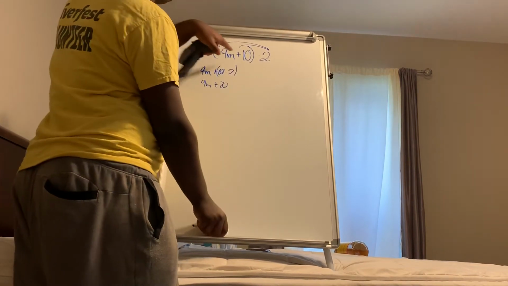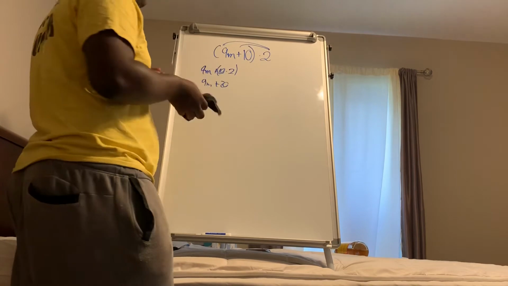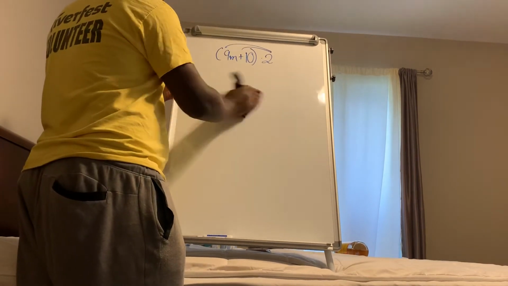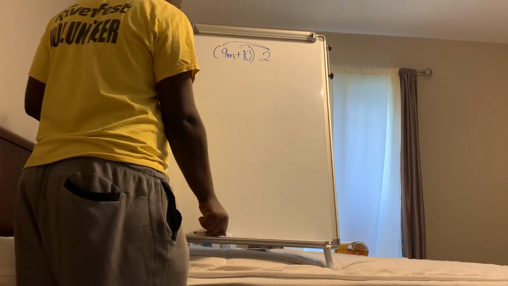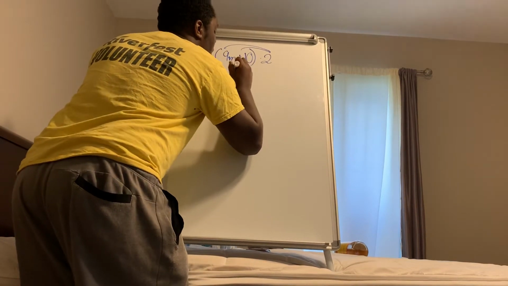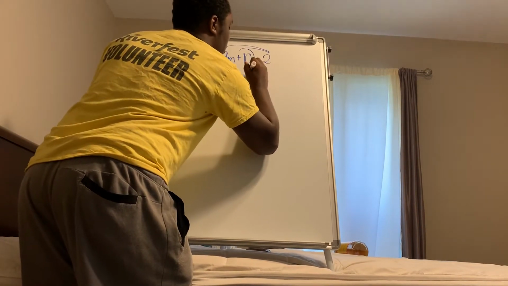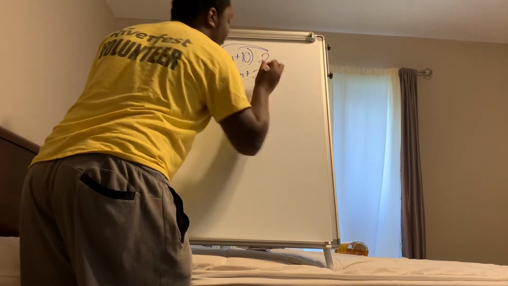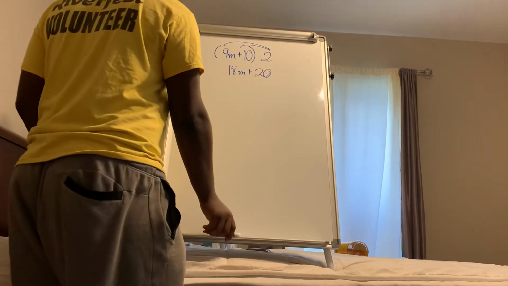But because it's in parentheses, we're going to multiply everything that's in the parentheses. So our answer is really going to look like 18m plus 20 being the final answer.